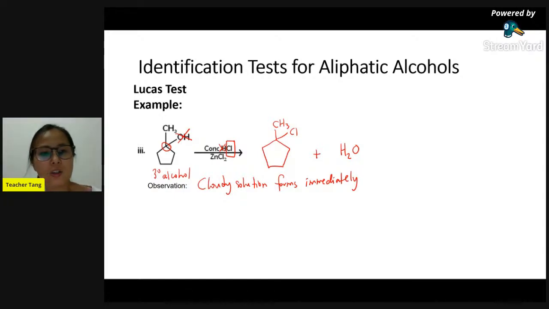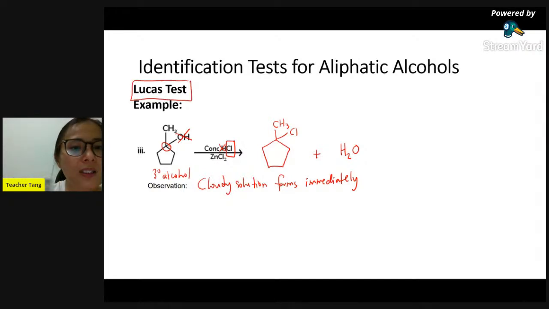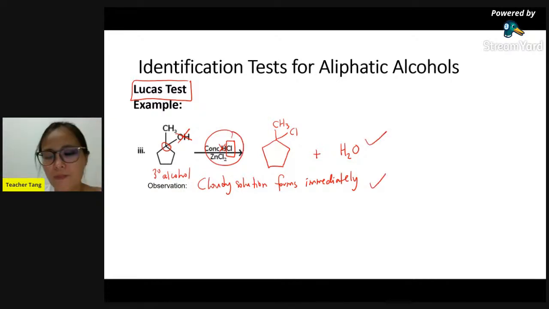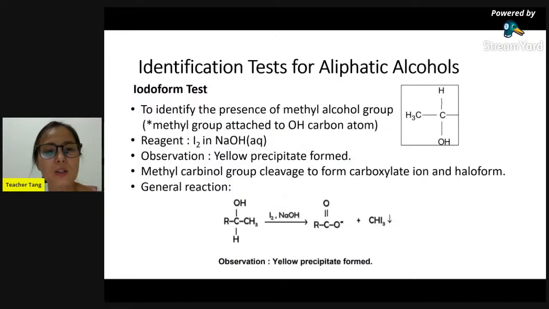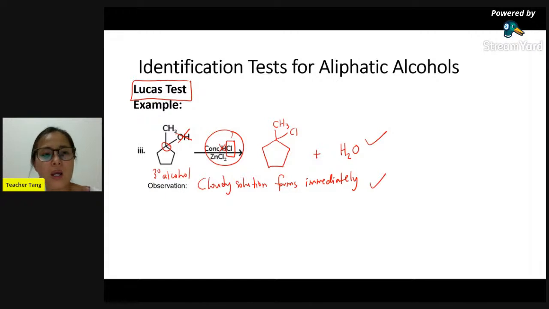So again, for a chemical test, we need to have the name of the chemical test, reagent, equation, and observation. So done with Lucas test. So Lucas test is to differentiate different classes of alcohol.